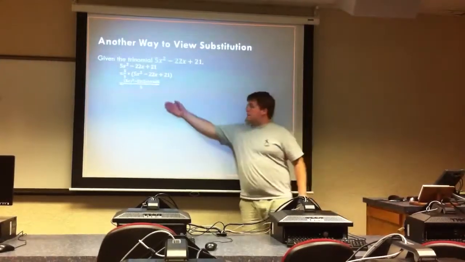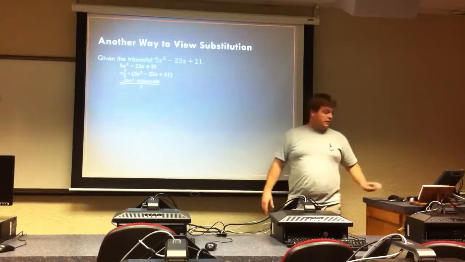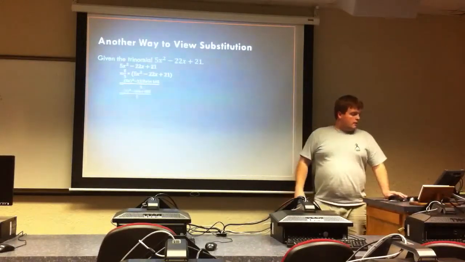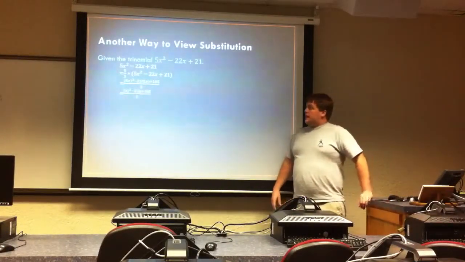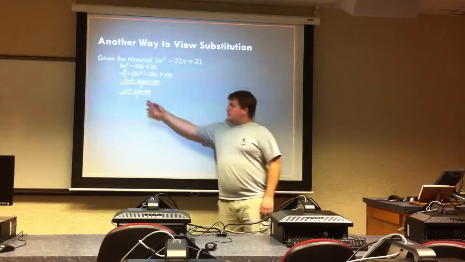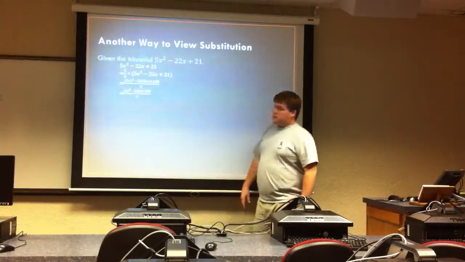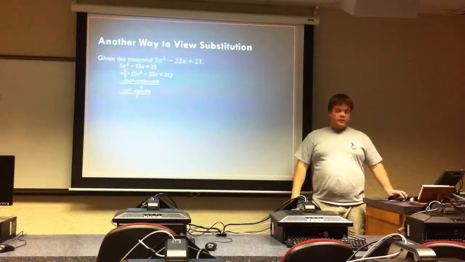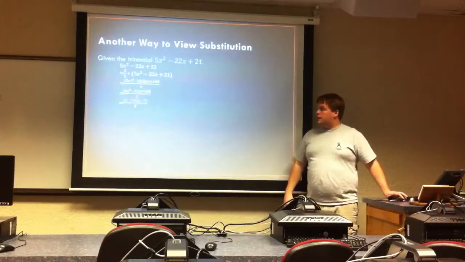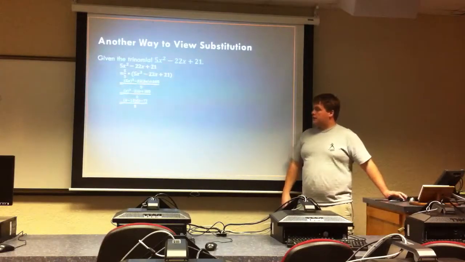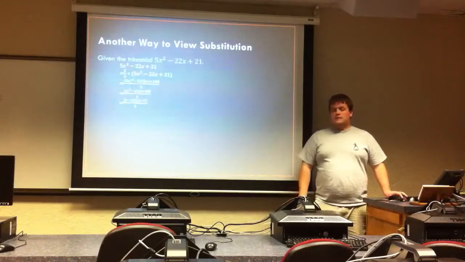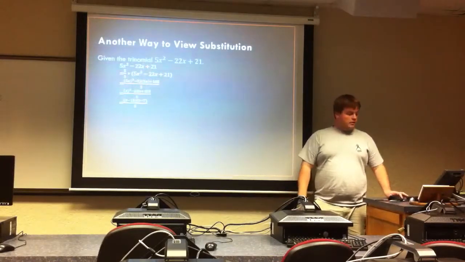You'll notice that we are keeping the denominator of 5. We then substitute z in for 5x, which is z squared minus 22z plus 105 in the numerator, all divided by 5. And we factor the numerator into z minus 15 and z minus 7 as seen previously.